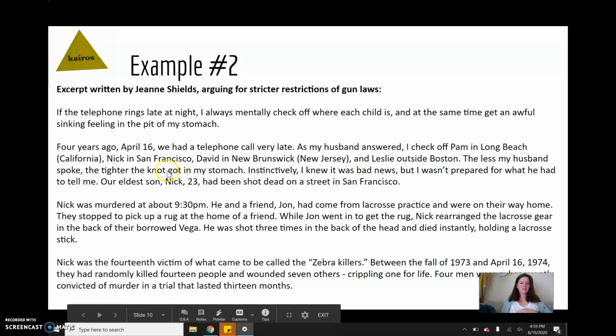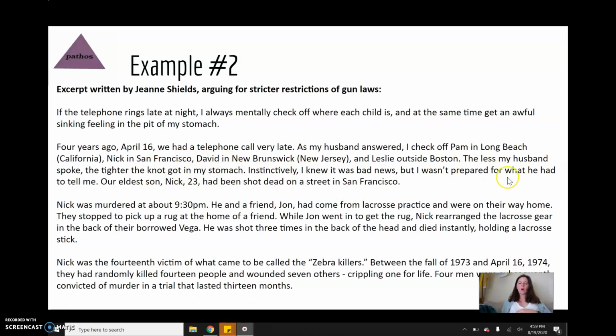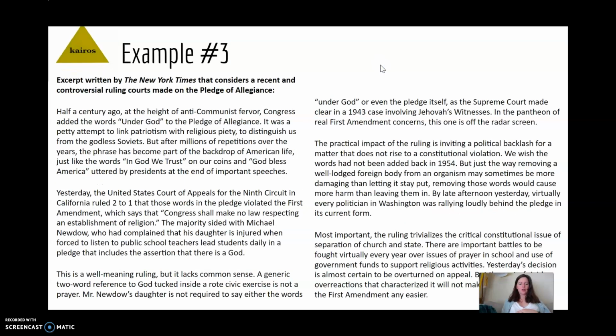When she says things like, the tighter the knot got in my stomach instinctively, but I wasn't prepared, when she describes what happened to her son, the story of the individual, the descriptions of how she felt, the foreboding feeling here, all of those things deal with pathos, evoking emotion from the readers.